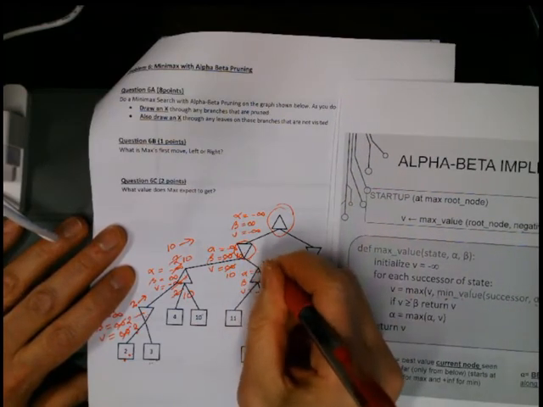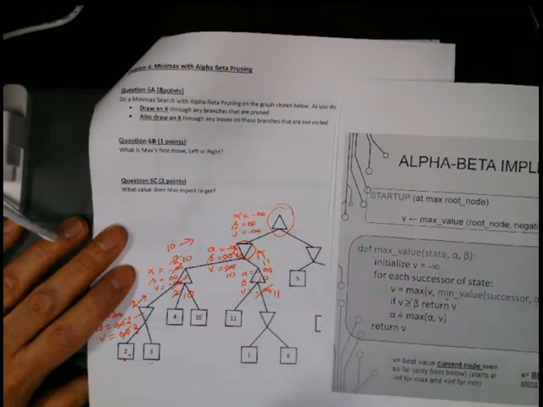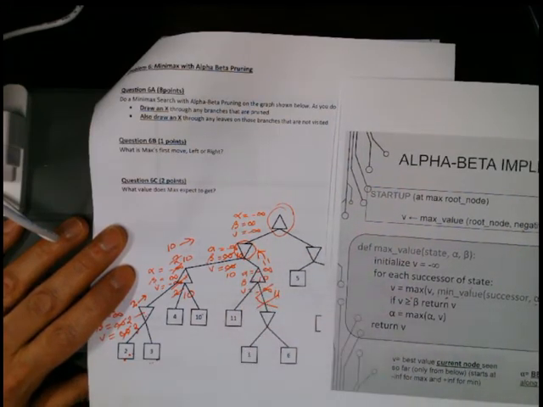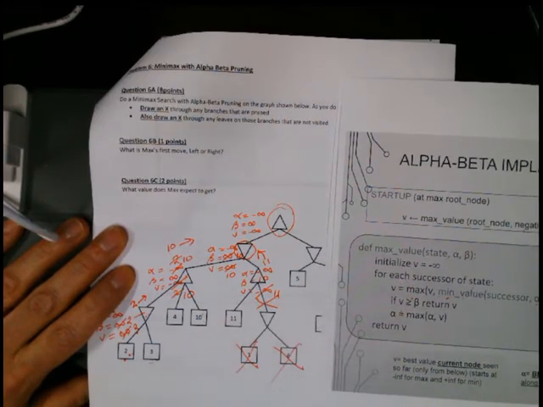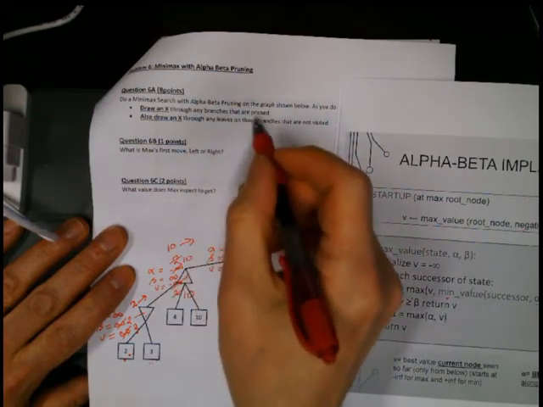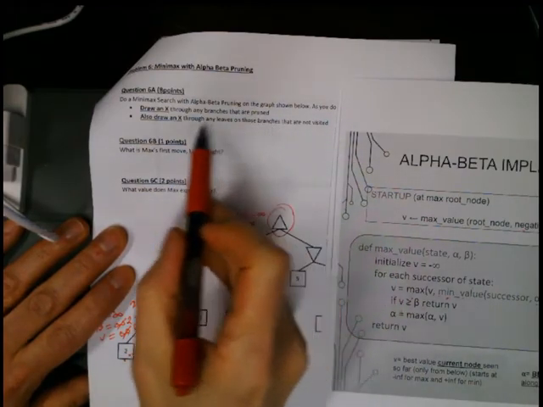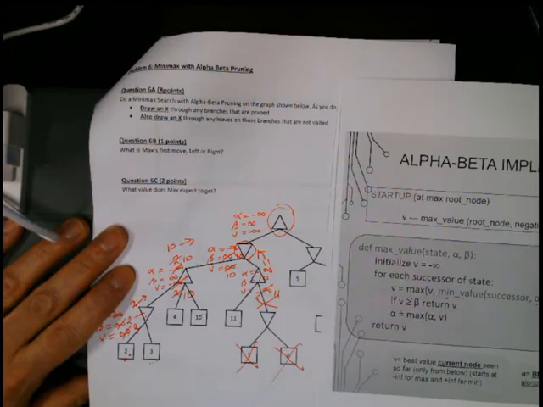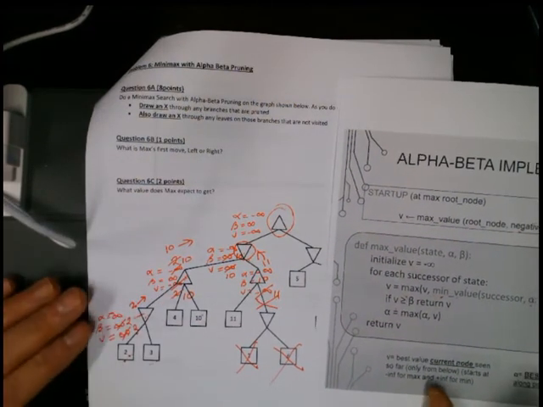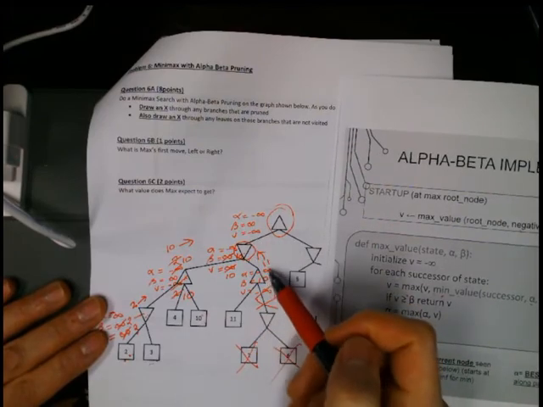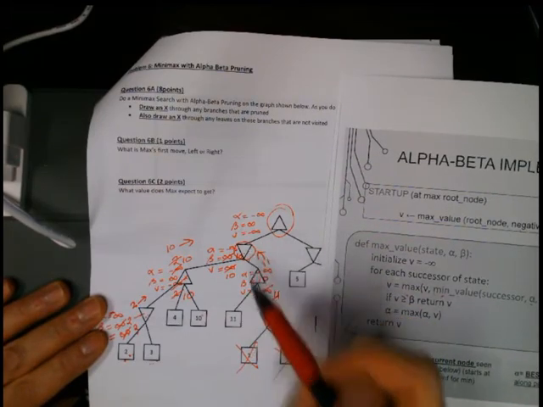So we're going to send that 11 back up right now, and we're going to cross off that edge. And I'm also just going to say, look, we're not going to use this guy or that guy either, because the instructions told us to draw an X through any branches that are pruned, and also draw an X through any leaves on those branches that are not visited, just so that I could be sure that you know what you're doing. So we returned the 11 up here.